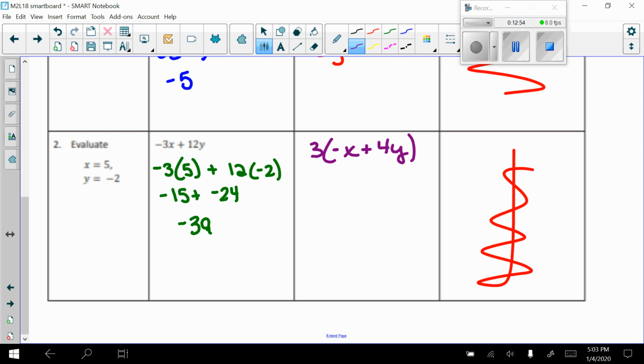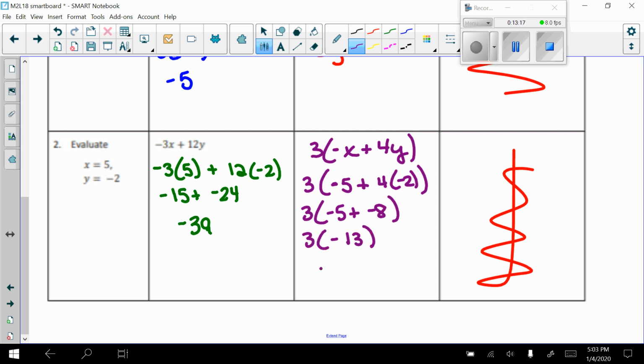Because negative 3x divided by 3 is negative x. 12y divided by 3 is 4y. Now I'm going to do 3 sets of x is 5. That negative has to stay there, so it's negative 5, plus the 4 sets of negative 2. Negative 5 plus negative 8. 3 sets of negative 13 is a negative 39. And again, the 2 expressions, when we substitute and test it, they are still equal.